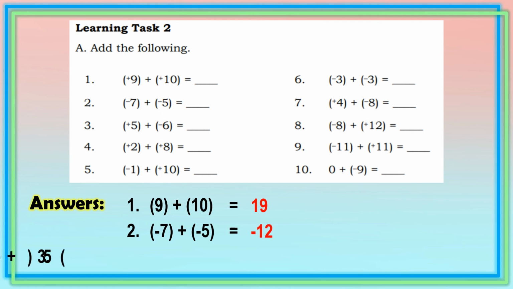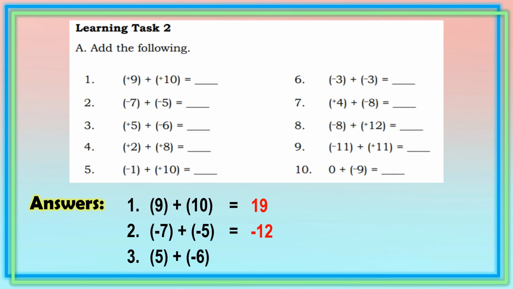Number 3, we have positive 5 and negative 6. In this case, magkaiba siya ng sign, kaya i-a-minus natin siya. At kailangan nating tignan ano ba yung mas mataas na absolute value, yung negative or yung positive. So dito, mas mataas yung negative, kaya ang sign natin is negative.